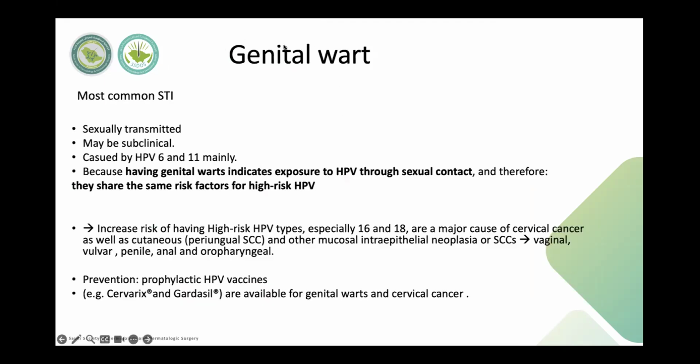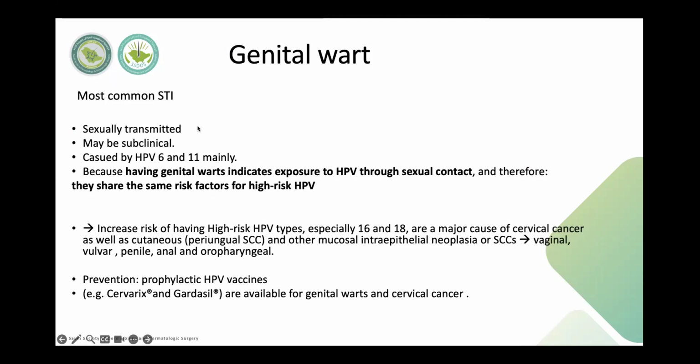Genital wart is very important because these are the most common STIs, sexually transmitted infections. Maybe subclinical, so you don't see it, but it can be contagious, caused by HPV 6 and 11. When you have these, that indicates that you have been exposed to HPV, most likely through sexual contact, which increases the risk of having the other high risk types like 16, 18, 31, 33, and so on.